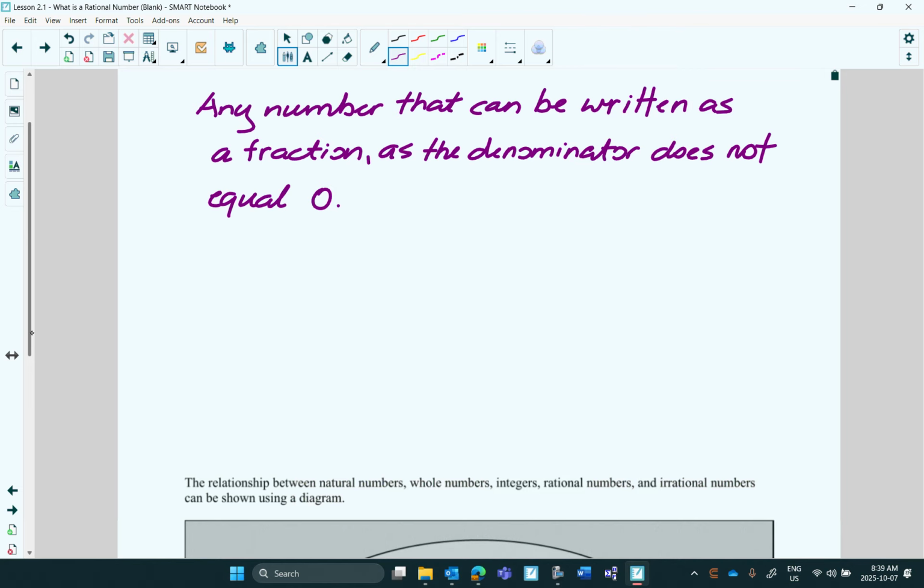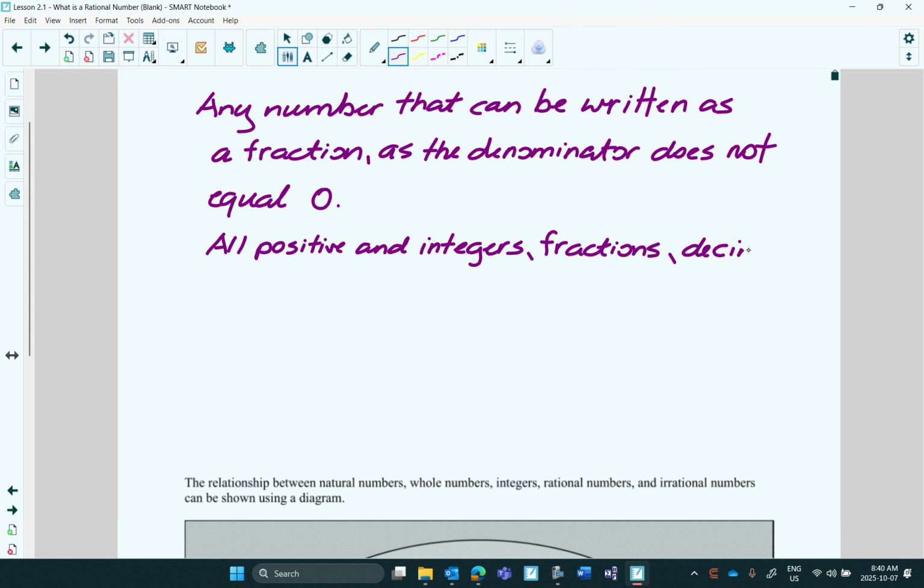So what kinds? All positive and negative integers. So all the numbers on the previous page. Fractions, positive and negative fractions, decimals, because decimals is just another way to write a fraction.